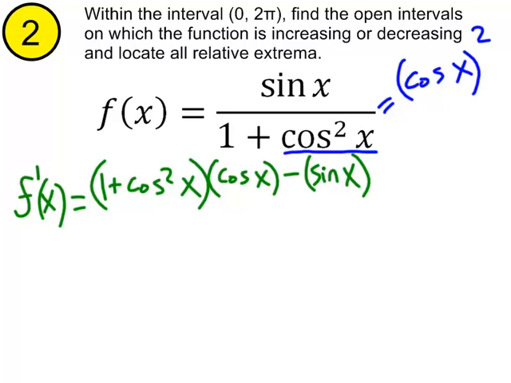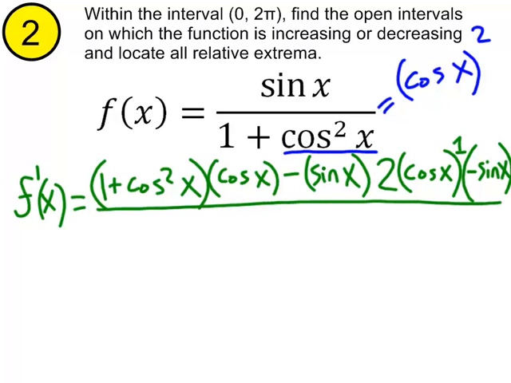So when I derive that cosine x in parentheses squared, I'll bring the 2 down and put a 2 here, times the cosine of x in parentheses, now raised to the 1 power, times the derivative of that inside cosine x, which is going to be negative sine x. So again, that's just our chain rule at work here. Sine x. And barely get it on the screen there. All over the bottom in parentheses squared.